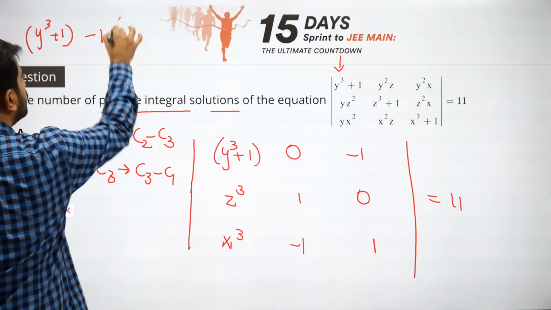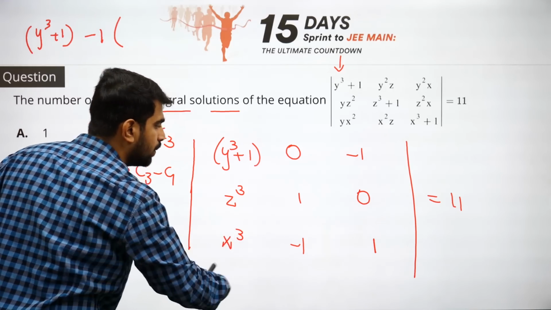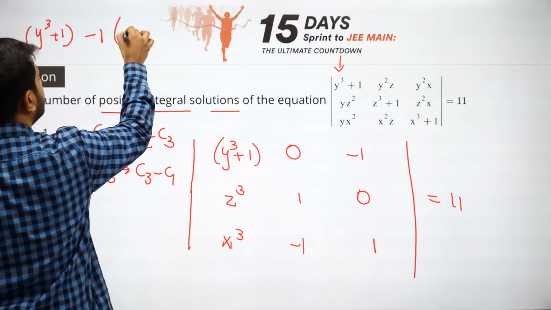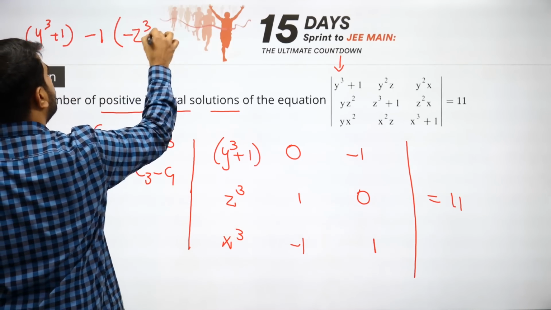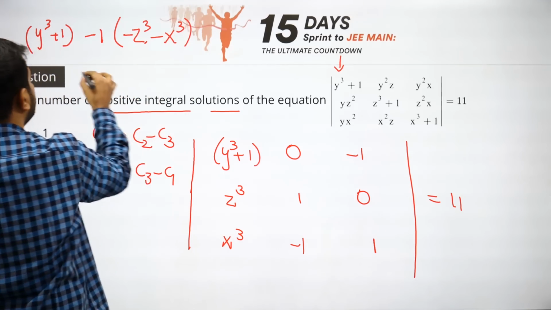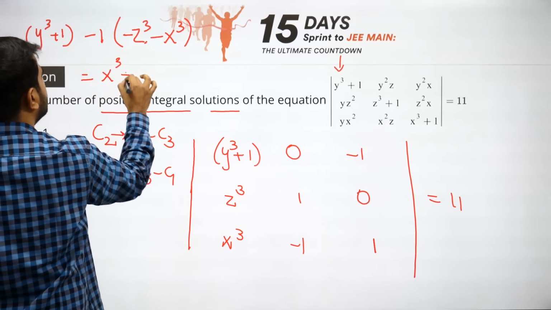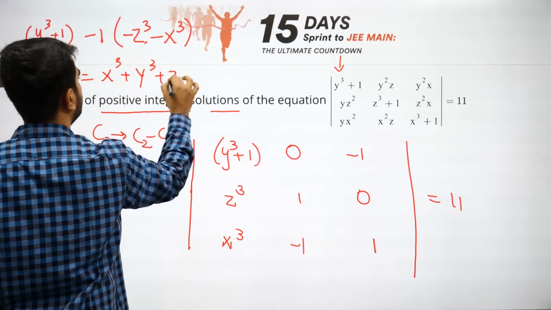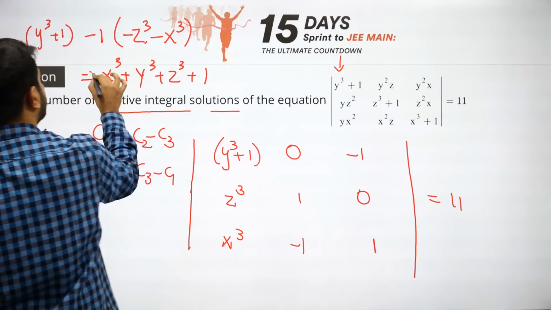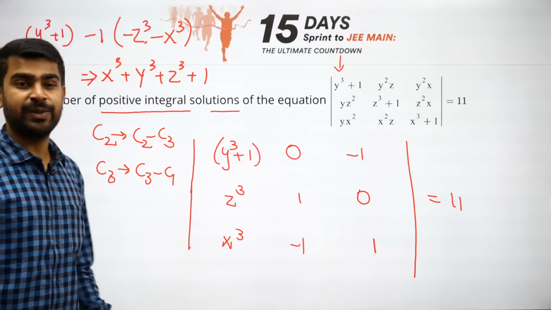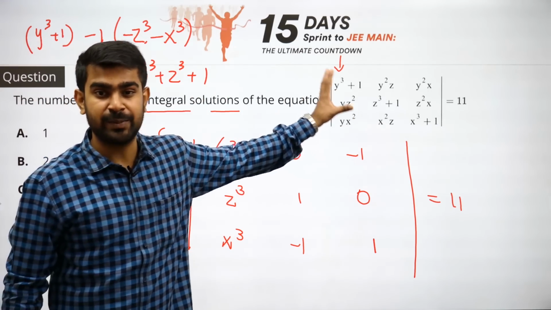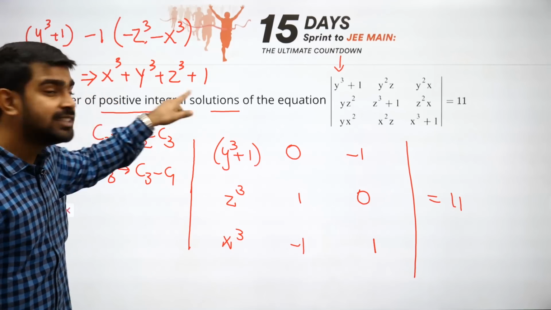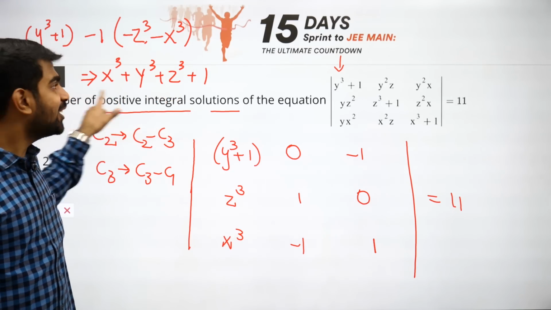I will write minus 1 times minus z cube minus x cube. So it is going to be x cube plus y cube plus z cube plus 1. Superb expression. Such a complicated expression reduced to this one.